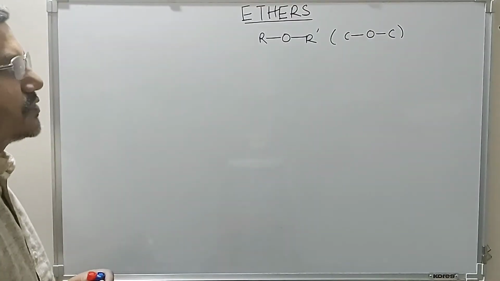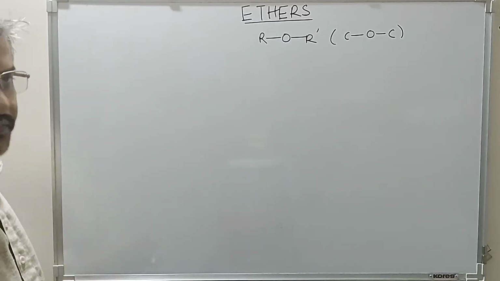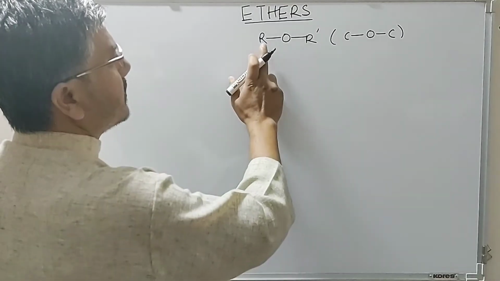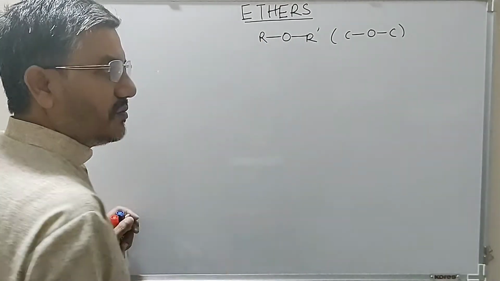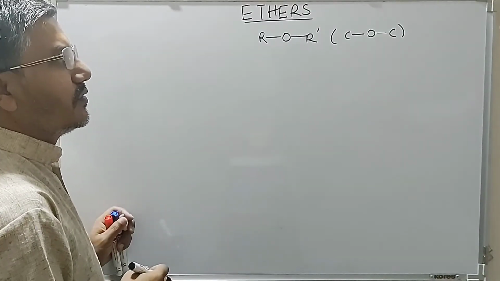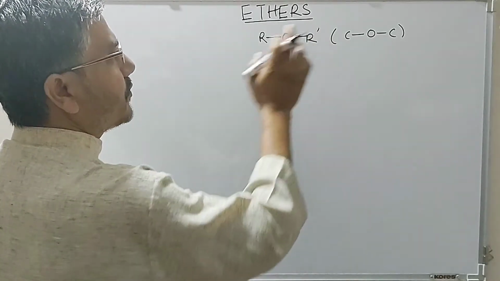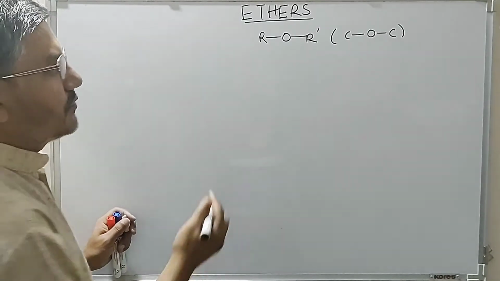These types of groups are known as ethers. Now, in these ethers, R and R prime may be alkyl groups or aryl groups, and may be the same or different.